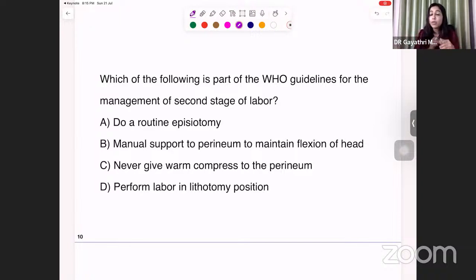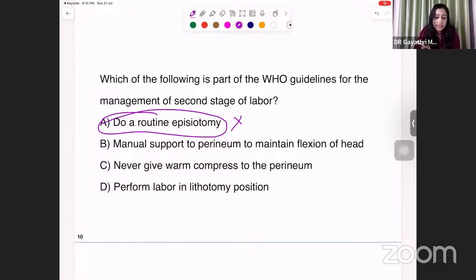We give an episiotomy whenever there is an indication, such as when I suspect a tear, when there is a macrosomic baby, when we are applying any operative vaginal delivery, such as forceps or vacuum delivery, or where I have to do some internal maneuvers, such as in shoulder dystocia. These are few indications where I have to give episiotomy. Routine episiotomy is not indicated actually.